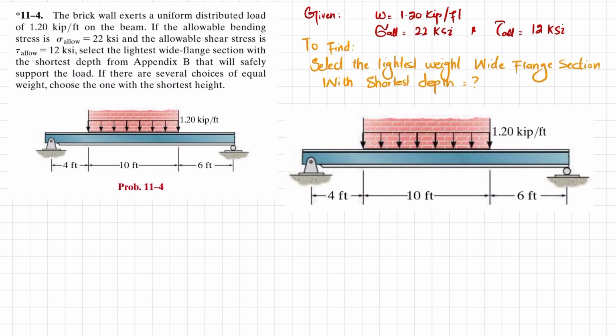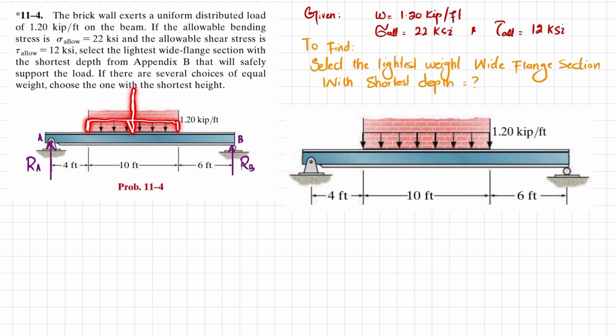The first step in solving this problem is to find the reaction forces. Let this be point A and this be point B. If you remove the support at point B, there will definitely be a reaction force at point B. Also, this uniformly distributed load will be converted into a point load.